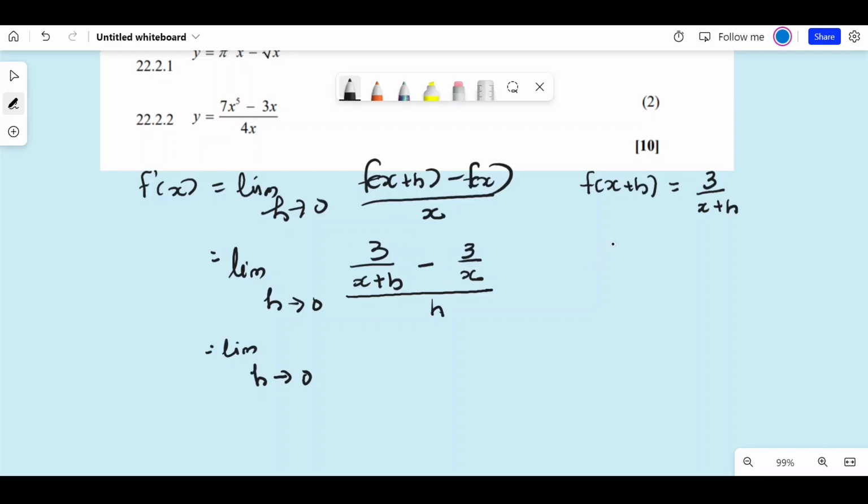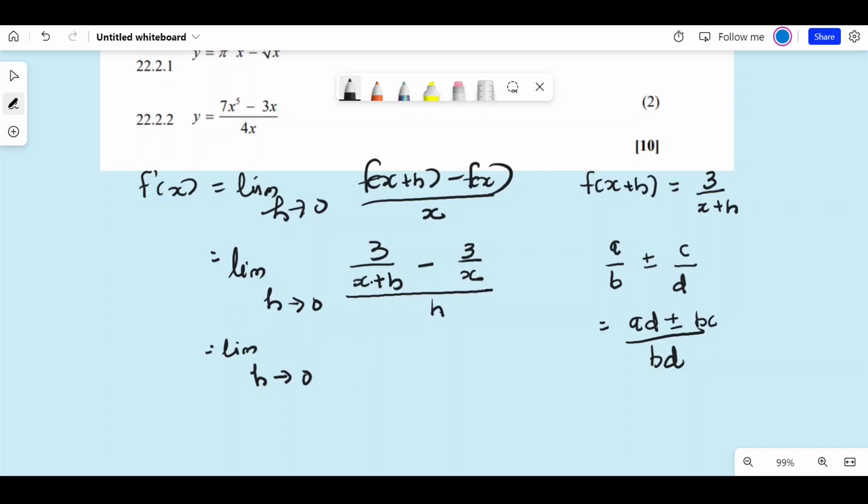So remember this step, whenever you have two fractions like a over b minus c over d, if there are no common factors in the denominator, bd will be the LCD. Then on top you are going to have ad minus bc. So you must remember this step. That's a basic step in fractions.